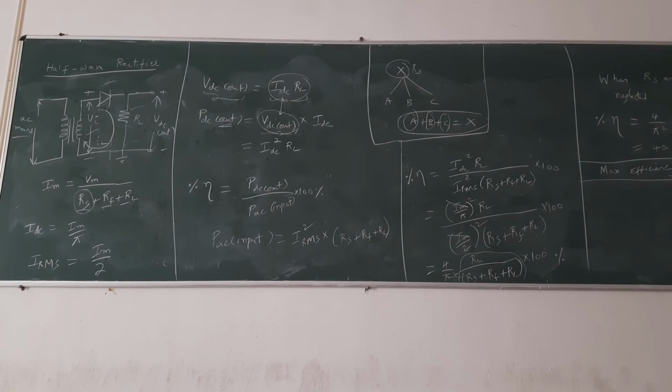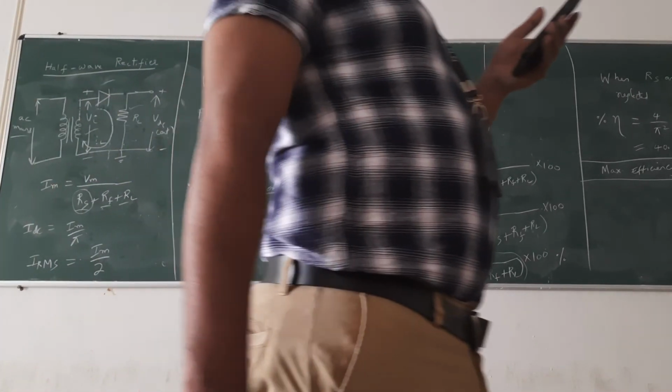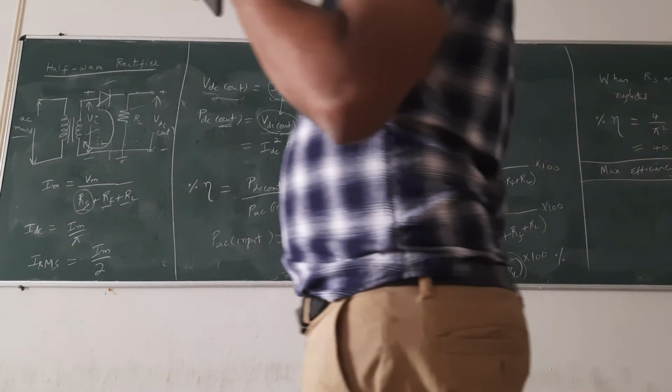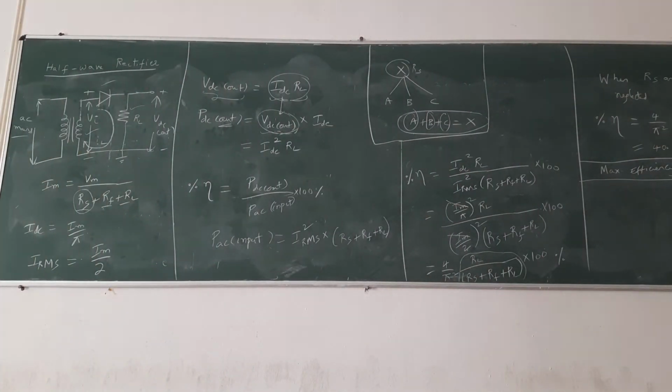Calculate first bit: peak, P-E-A-K, peak, comma, average, and RMS value.